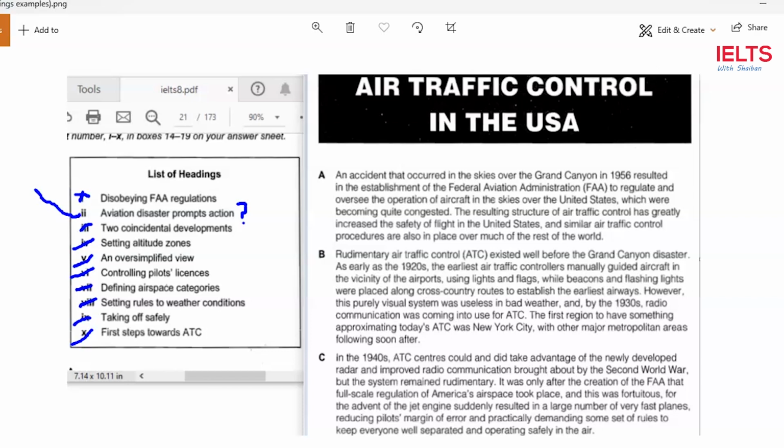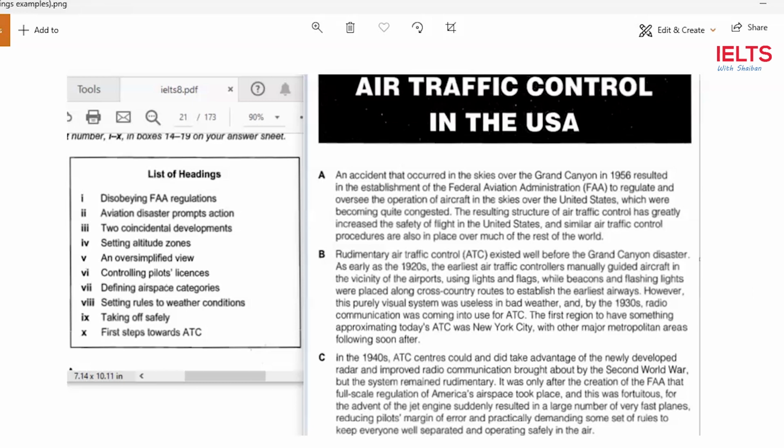Of course, in the question, then we have a question, we say 14. I'm following the order of the statements. Rudimentary air traffic control ATC existed well before the Grand Canyon disaster. So sentence 1, we read sentence 2 to make sure.